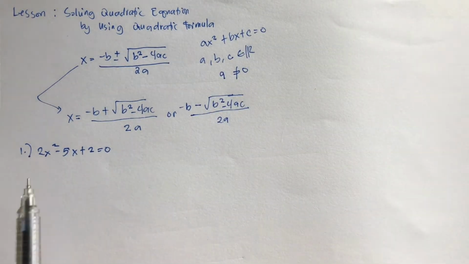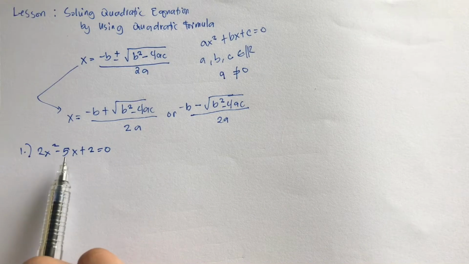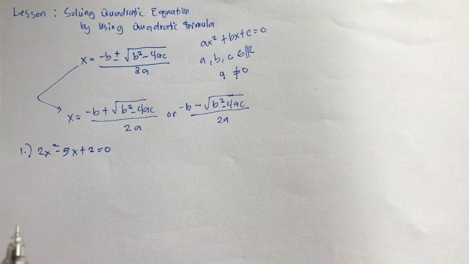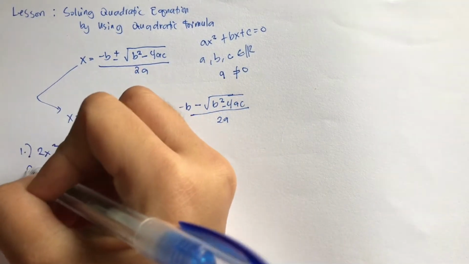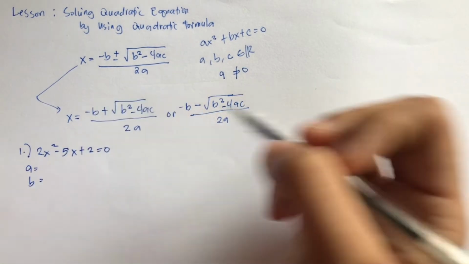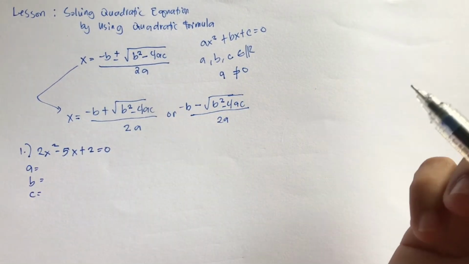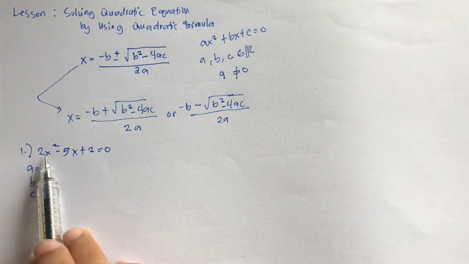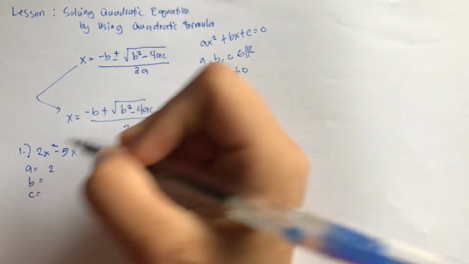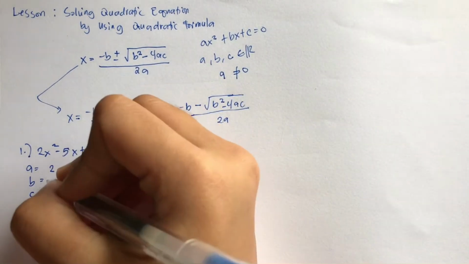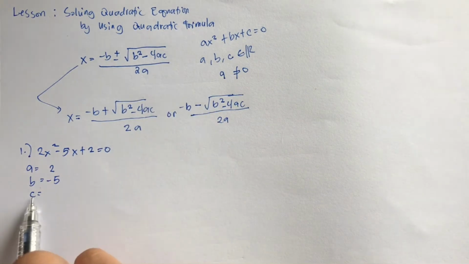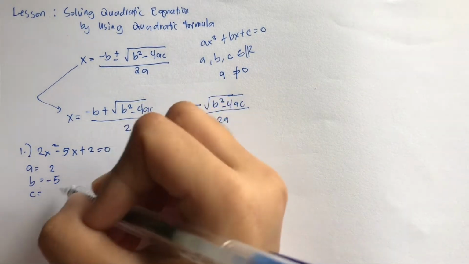Since it is already in standard form, we only have to first get the values of a, b, and c. So the value of a in here is 2, our b is negative 5, and our c is 2.